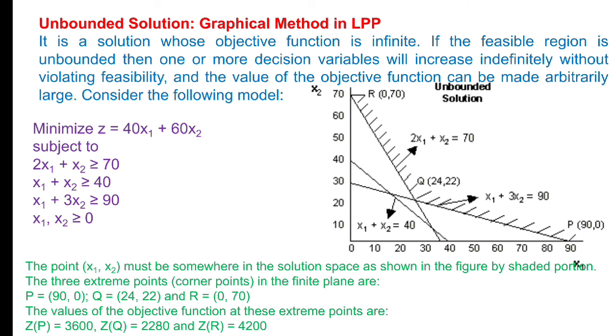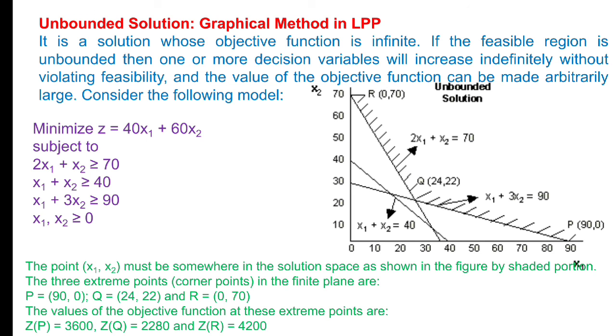Unbounded means we cannot find the corner points or the feasible region completely. See, P equal to 90 comma 0, Q equal to 24 comma 22, R equal to 0 comma 70. The values of the objective function at these 3 points are Z of P equal to 3600, Z of Q equal to 2280, and Z of R equal to 4200.